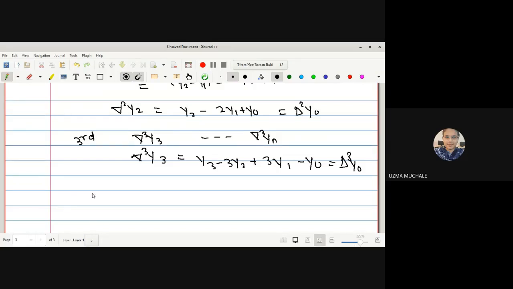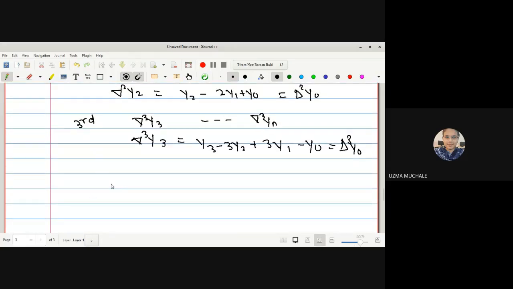Now let me write down the general formula for this one. Delta raised to n yi, the nth order backward difference operator for yi, we can write in terms of the previous one, that is n minus 1.